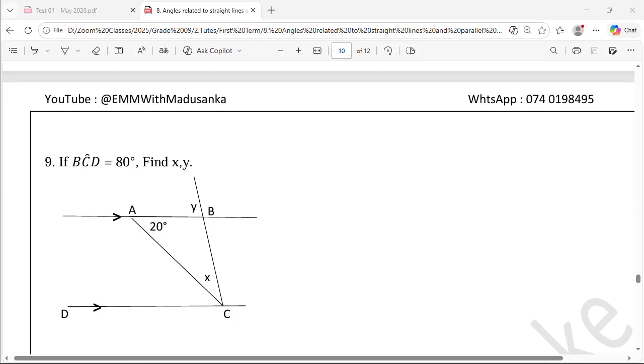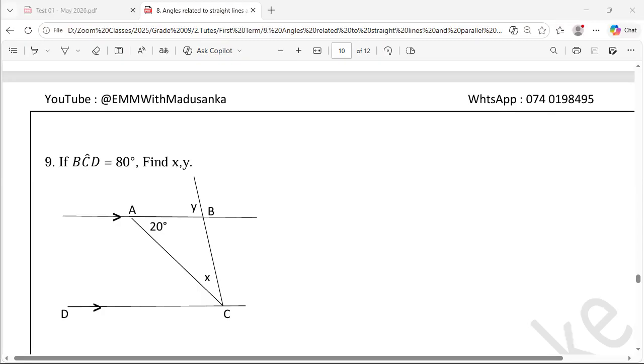Which one? Alternate angle, is it? On top of that, you have a part. Okay, the below part, right?